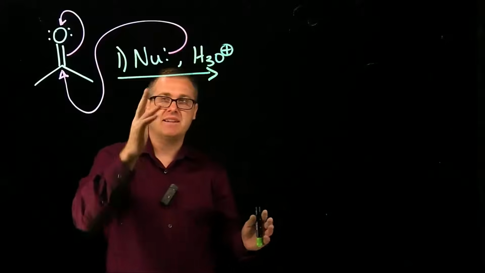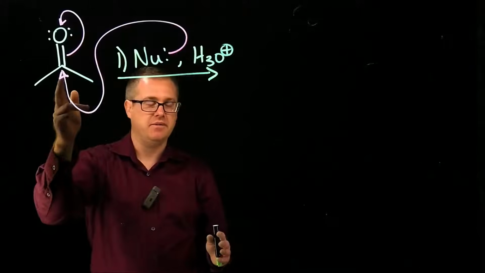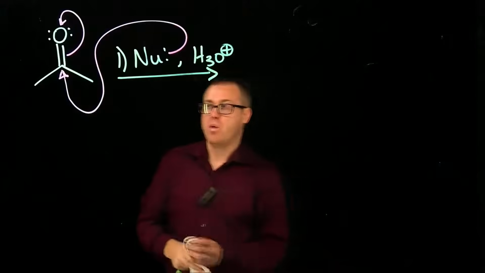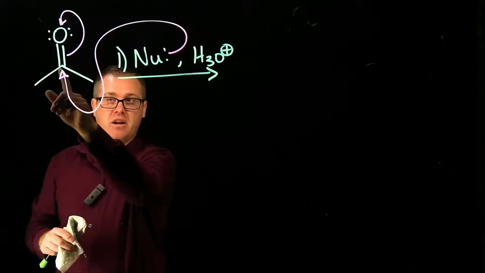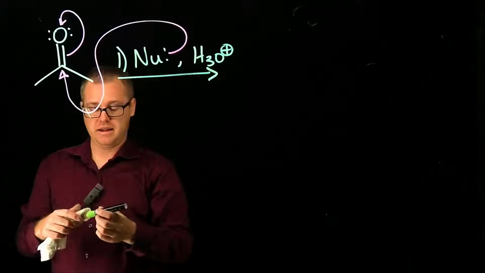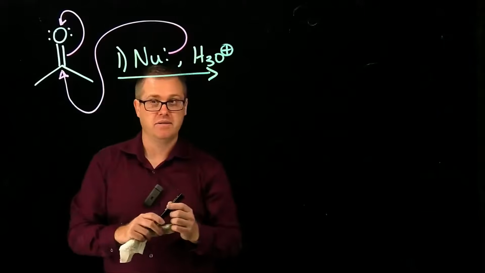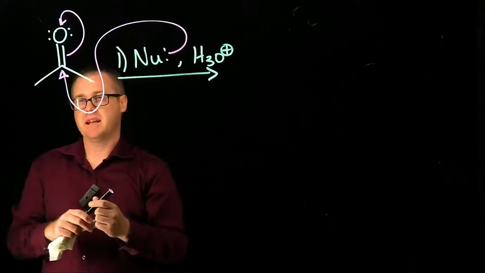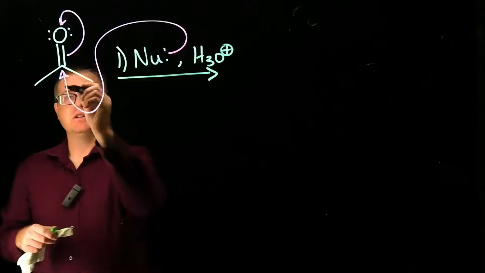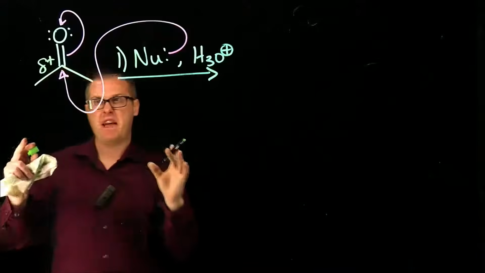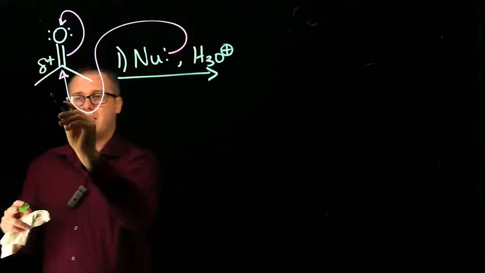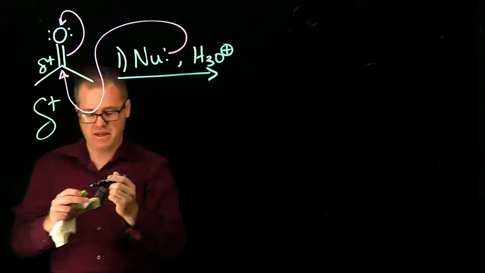So how can we get this nucleophile to attack this carbonyl? Well, that's the cool thing. What if we could make this carbonyl carbon more electropositive, or another way of saying it, electrophilic? Let's say right now it has a partial positive about that big. Well, what if we make it that big?